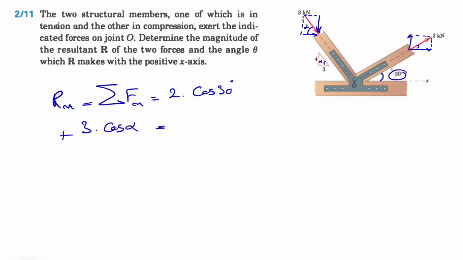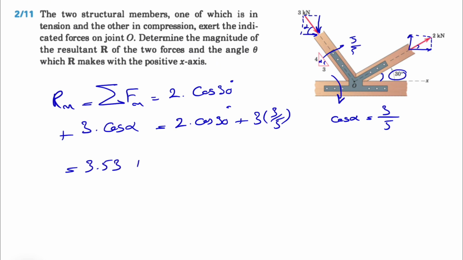From the triangle we know the cosine of alpha will be 3 divided by 5, since the hypotenuse will be 5 from the Pythagorean theorem. So we get 2 times cosine of 30 plus 3 times 3 over 5.